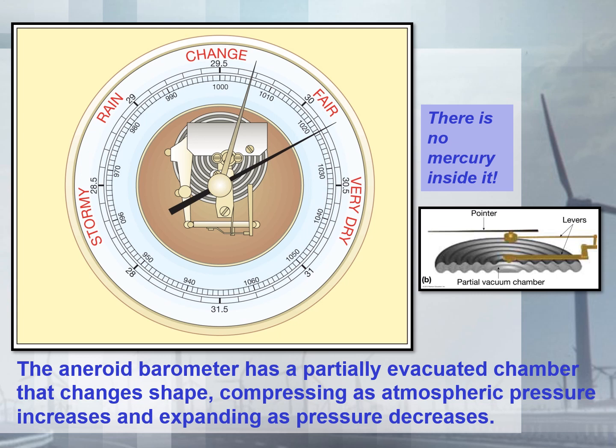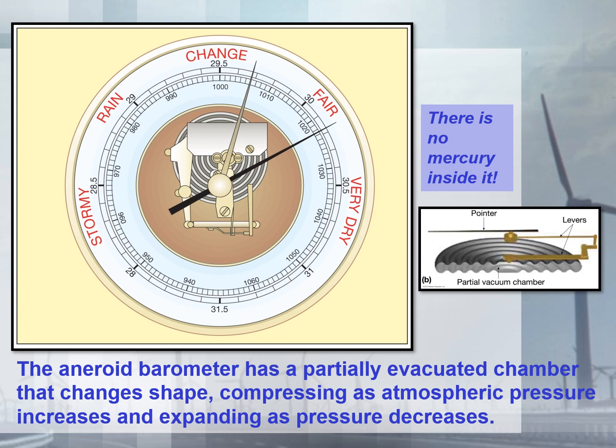So not only is it telling you, and I'm trying to see what units, I think the units on the outside are centimeters of mercury, even though there's no mercury involved in this particular barometer. And I guess the larger numbers on the inside are probably in millibars of air pressure.